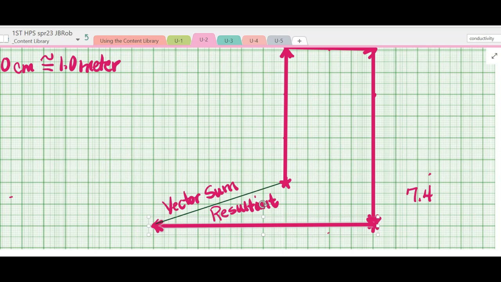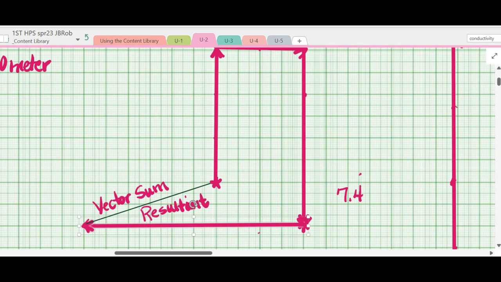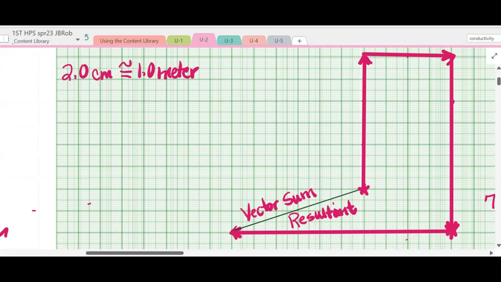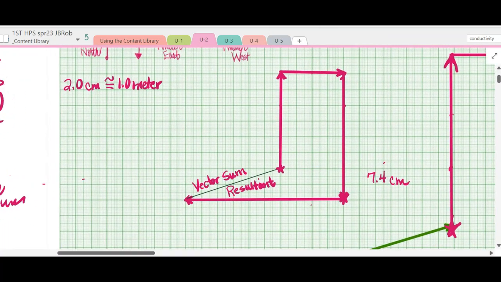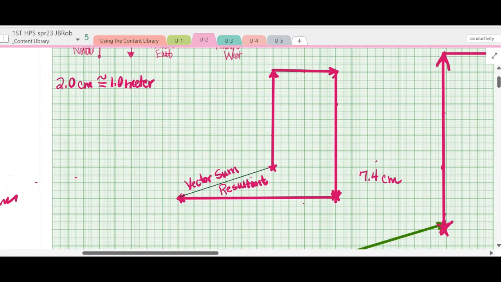So let's see. This is in centimeters, correct? So what we're going to do is measure the graph paper, because instead of it being 2.0, it's really closer to, let me measure this again. It's really closer.